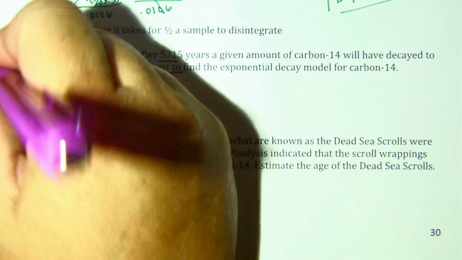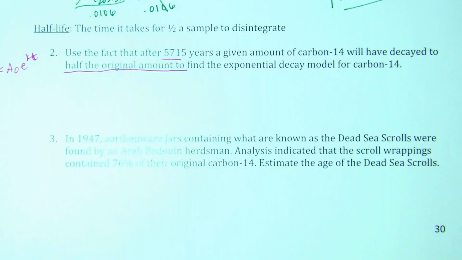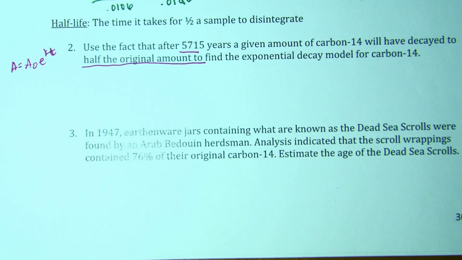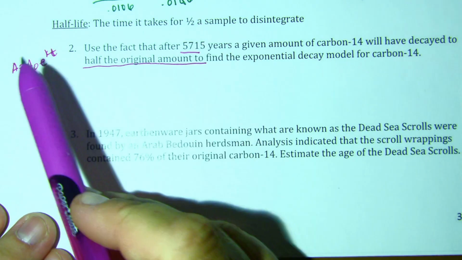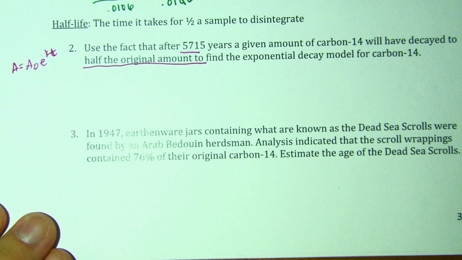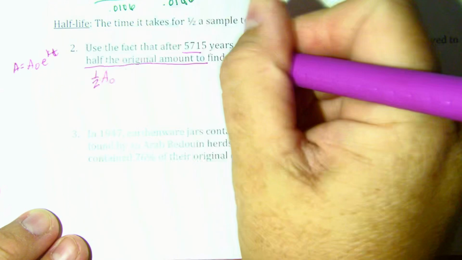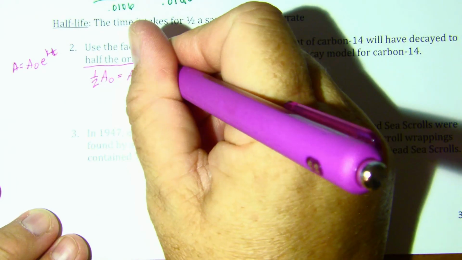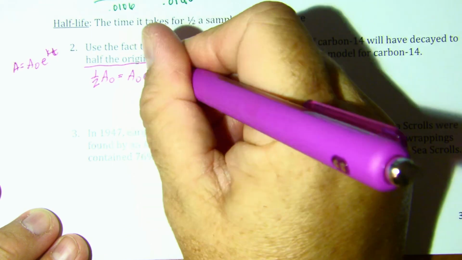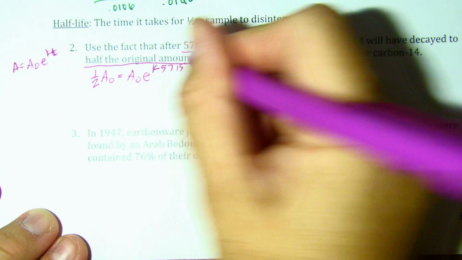Now we're going to use that same formula, A equals A naught e to the kt power. It doesn't tell me my initial value, but it does tell me that after this many years, I'll have half of that initial value. So I can write half of the initial value, A naught, e to the k, which we don't know, and then t was after this many years, 5,715.